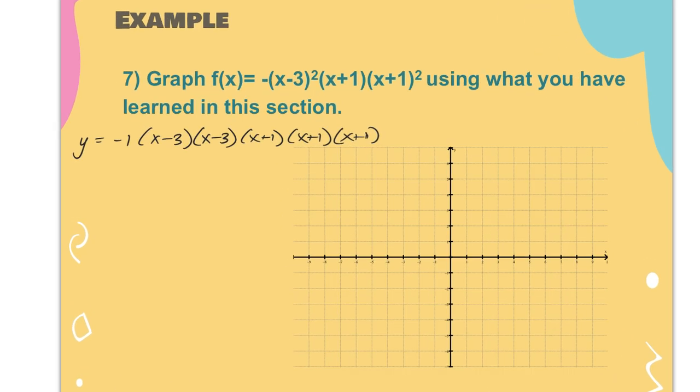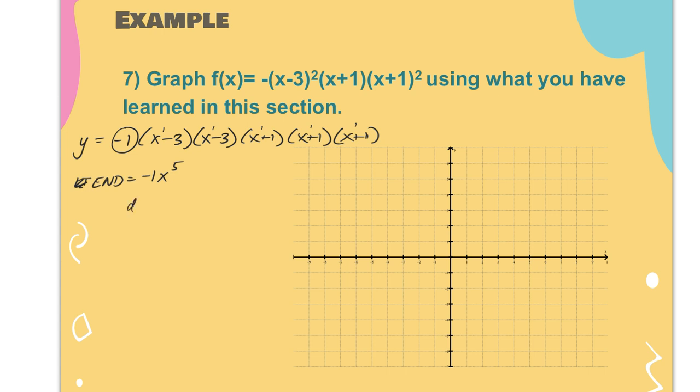If I was to multiply all that out, which I do not want you to do, to create the actual polynomial, your leading term for the end behavior would be this number here, and then x to the sum of all these powers. There's 5 of them, so 1 plus 1 plus 1 is x to the 5th. That's how I would figure out the leading term, and then based on that leading term, I can determine my end behavior.